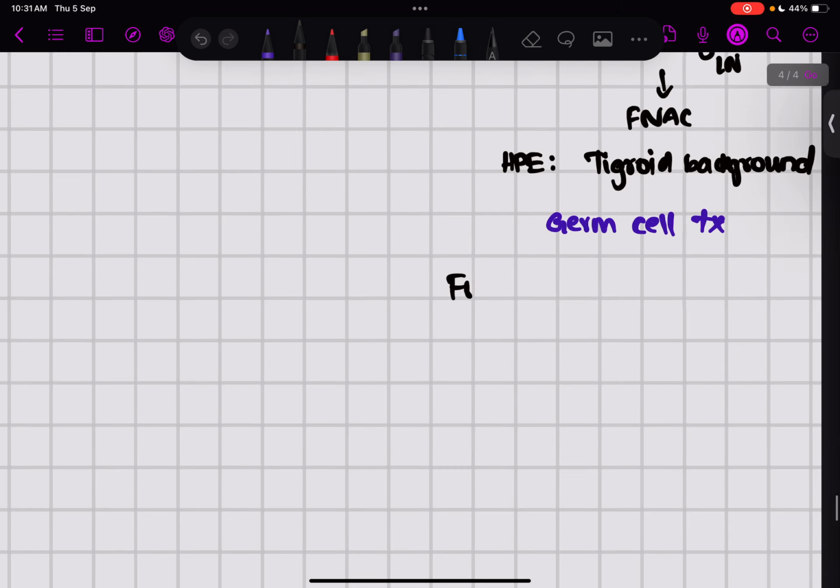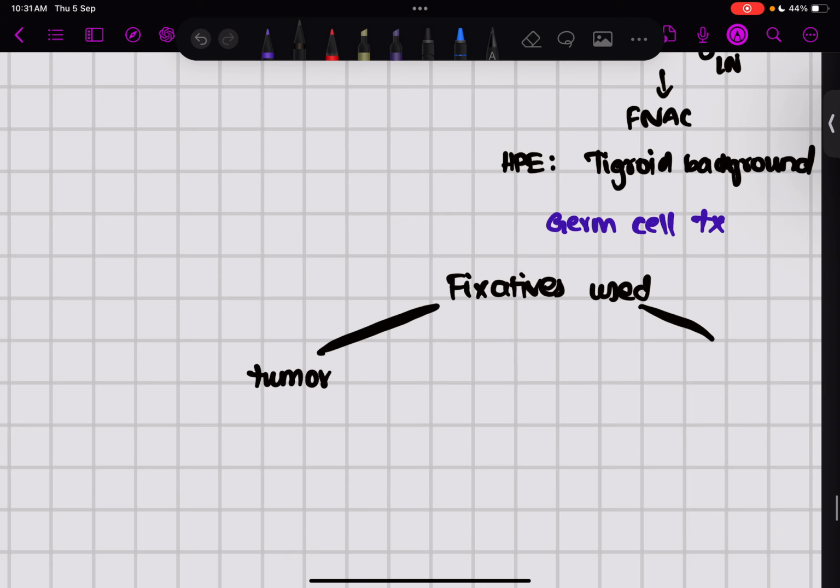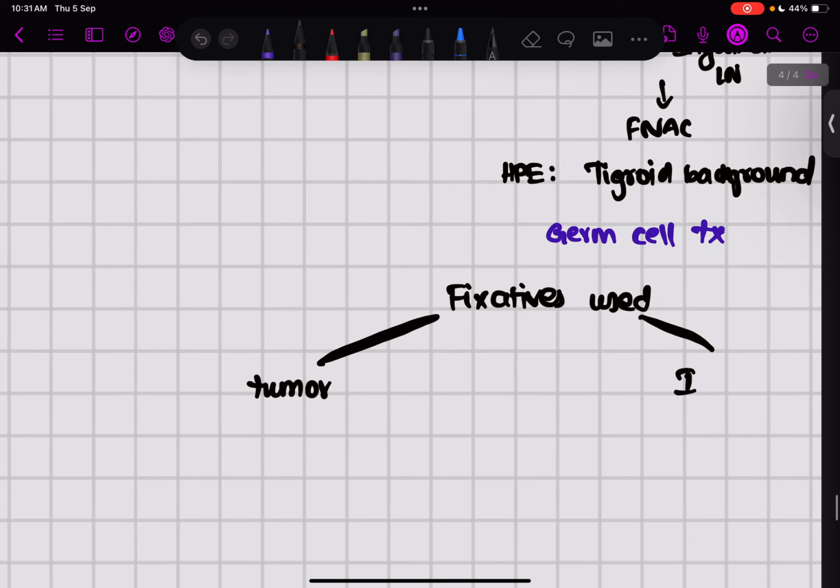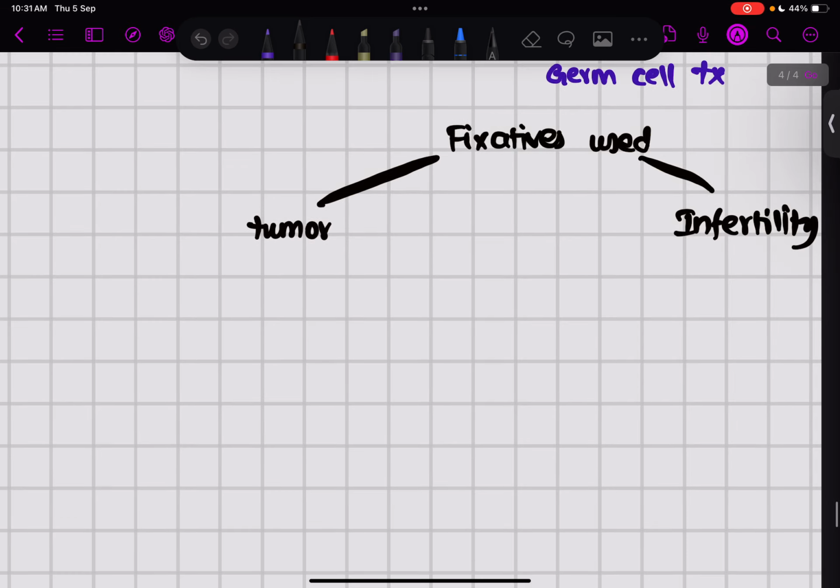Now fixatives used. For tumor and for infertility. For tumor we use 10% formalin, that is neutral buffered formalin.